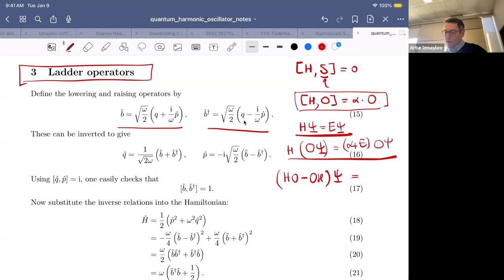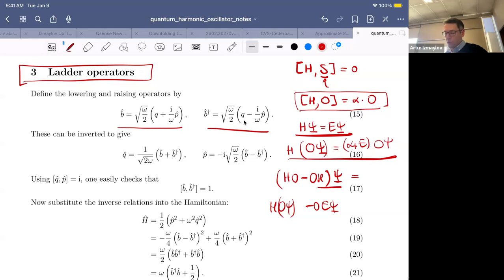Then we can write, well, H acting on psi gives you E psi, so minus OE psi, because psi is an eigenfunction. And when this happens, HO psi, so this is the result.